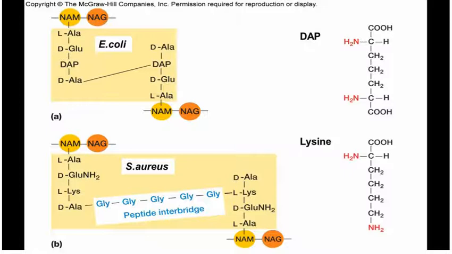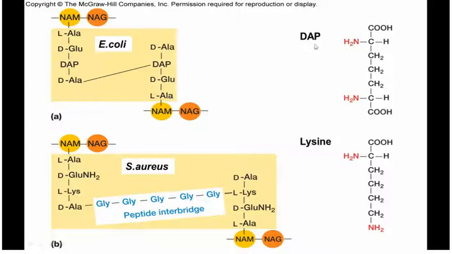One last thing: this is lysine, and you've got two amine groups. Which of these two is going to be involved in the formation of this bond here? Same thing with the DAP, you've got two amine groups.